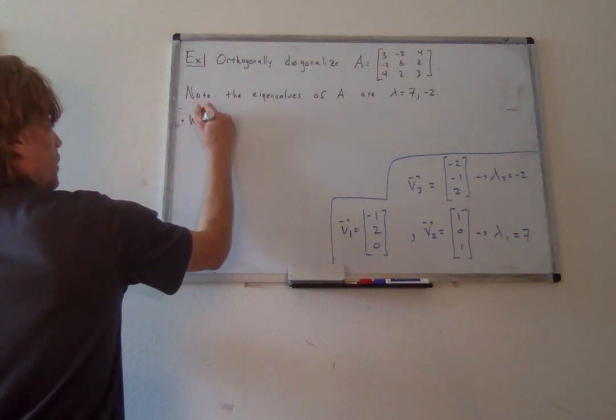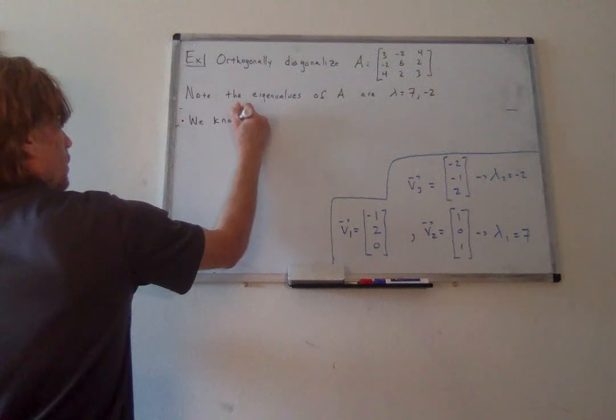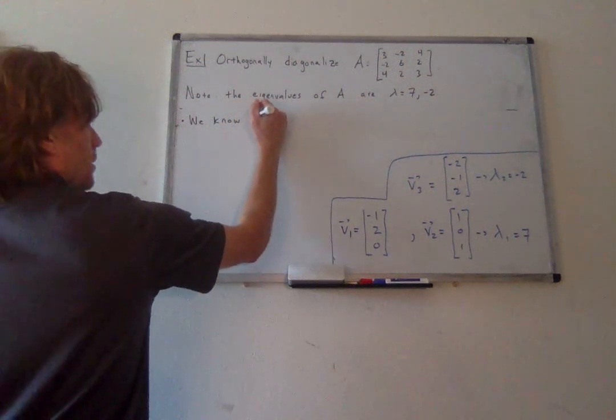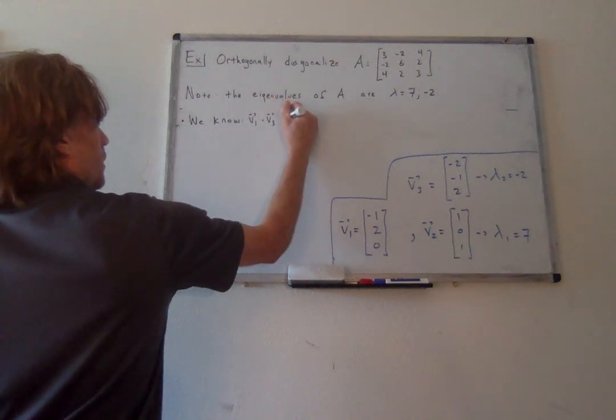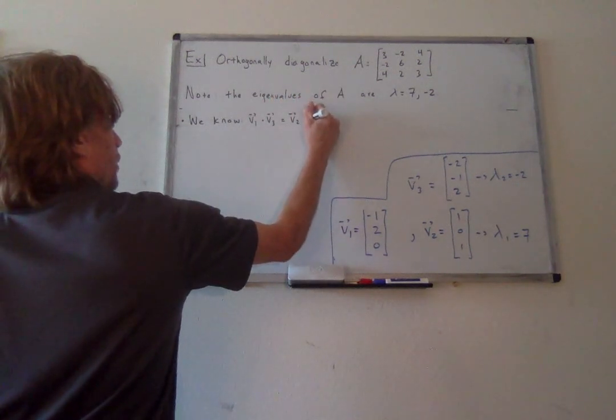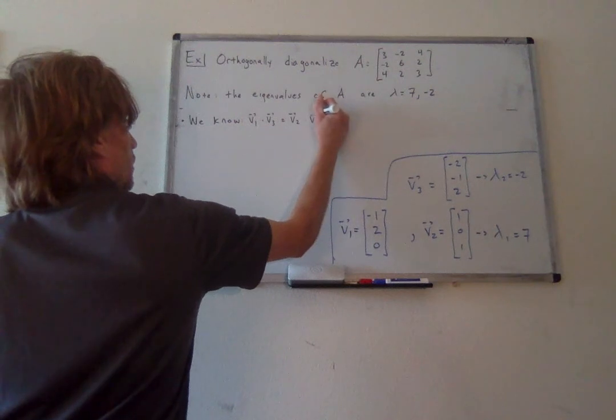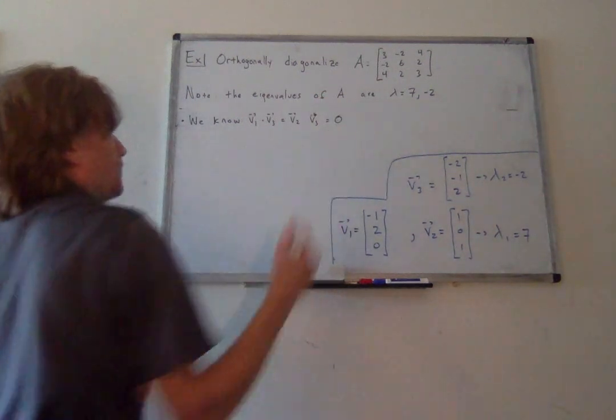So we know that v1 dot v3 and v2 dot v3 are equal to 0.